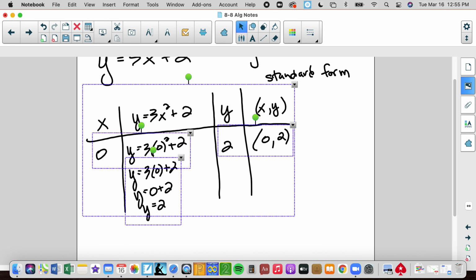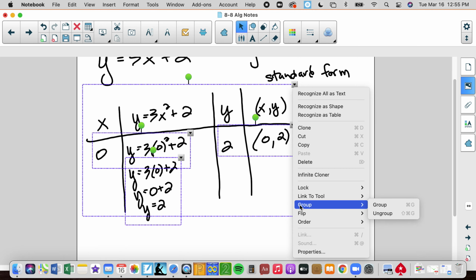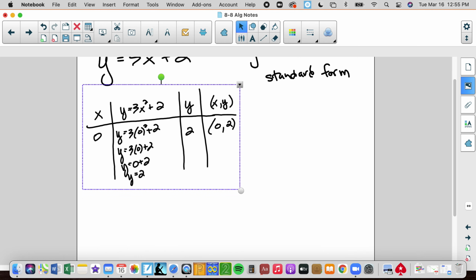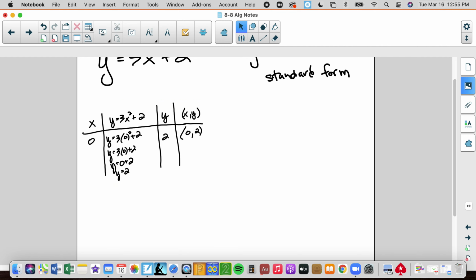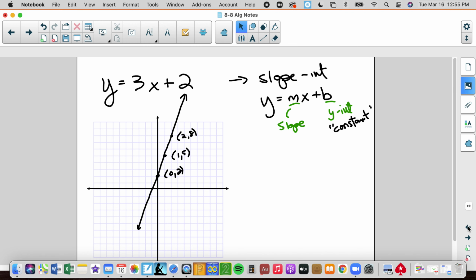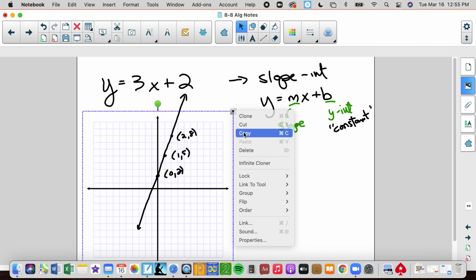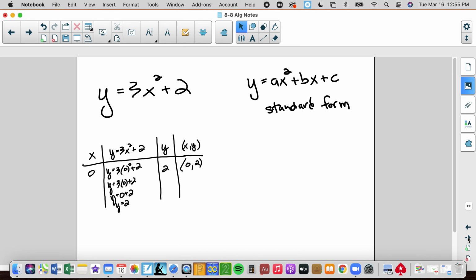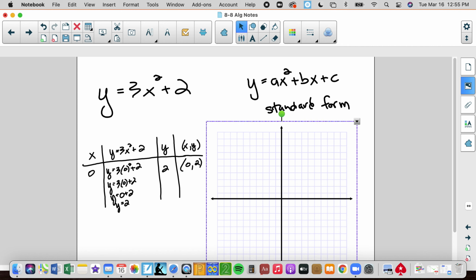Let's make this a little bit smaller, and let's get our graph again. So here's our graph.